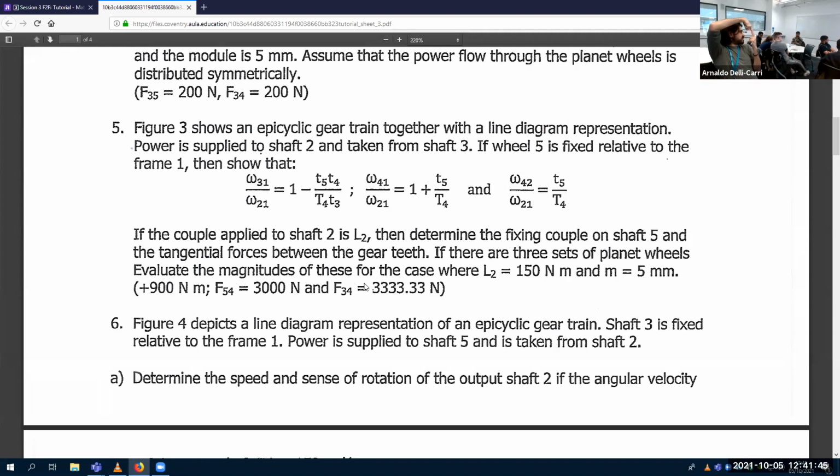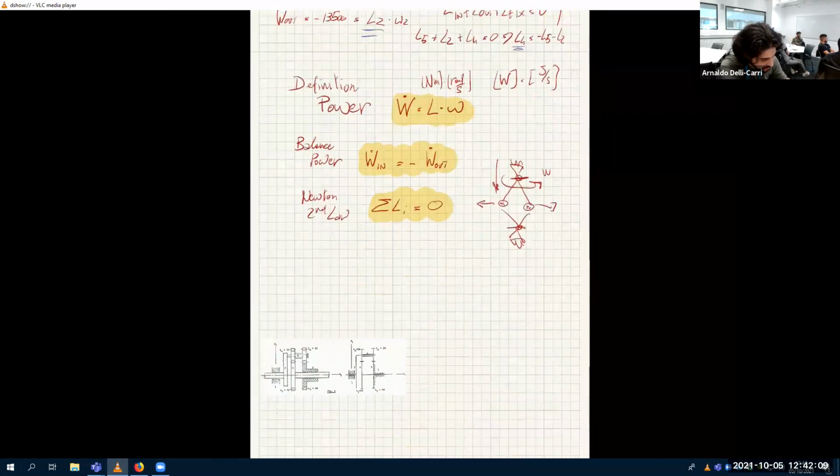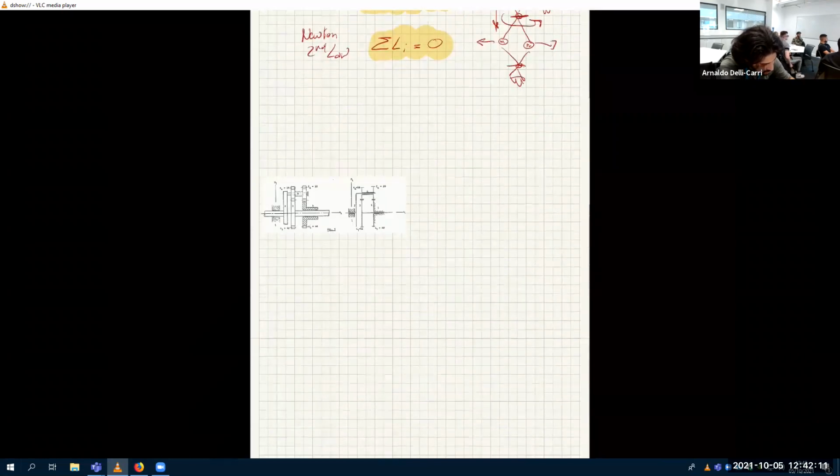Because these teeth exchange forces, and they are tangential to the pitch circumferences. So what's the magnitude of this force? Well, let's have a look at this. I'll draw this one in front. I mean, I'll draw the front.